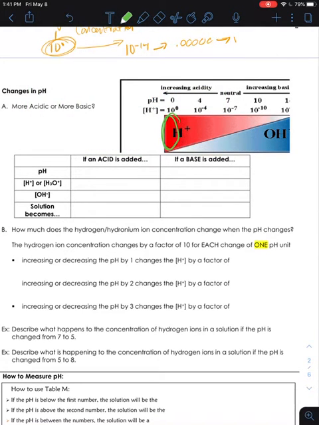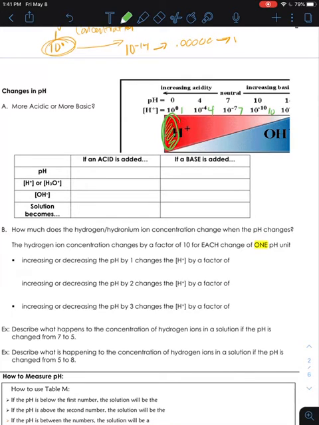Okay, 10 to the 1 is roughly 1. And as we go from left to right, we're getting lower. This would be a pH of 4. This would be a pH of 7, 10, and so on and so forth. So the ones that have the lower numbers actually have the higher concentration of hydrogen or hydronium ions in solution.